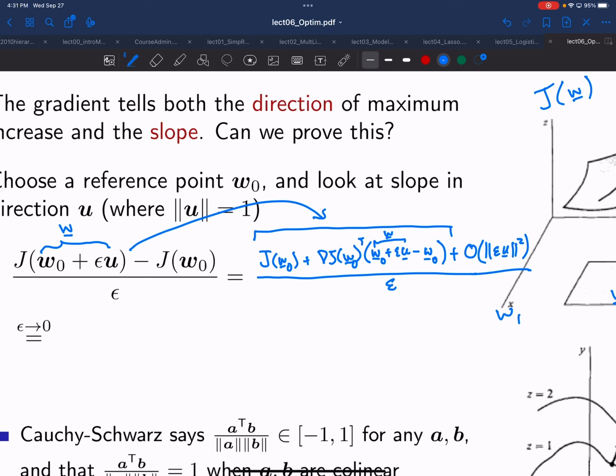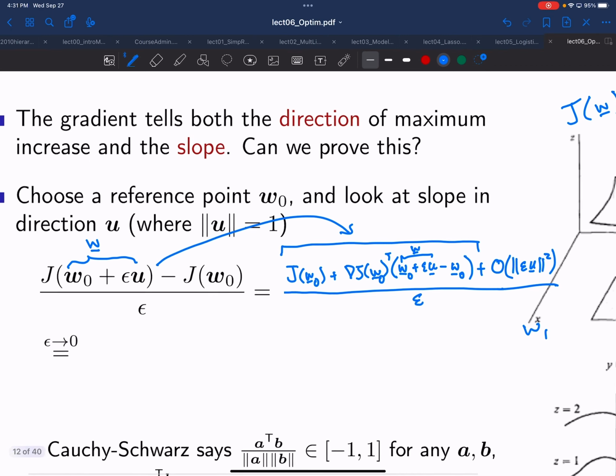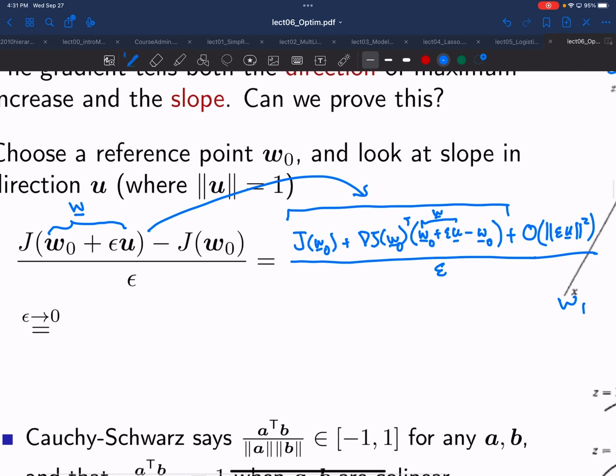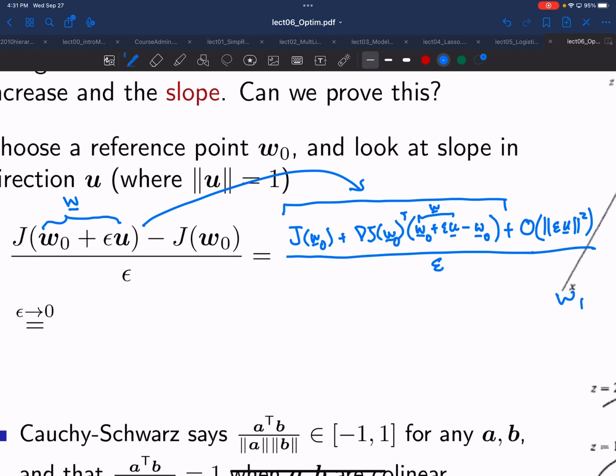So is it making sense how we got everything here? Just plugging in the definition from the Taylor series. Are there any questions on anything? I'm seeing some wrinkled eyebrows. If one of you has a question, probably somebody else has the same one.